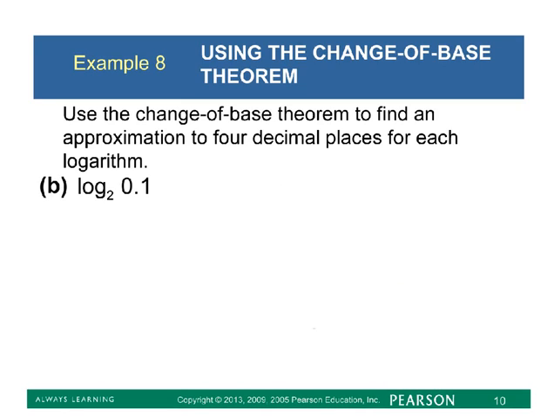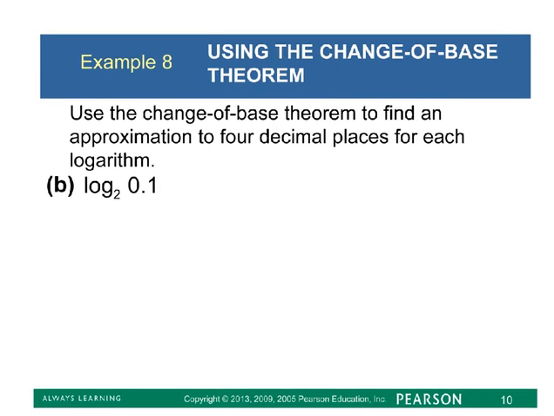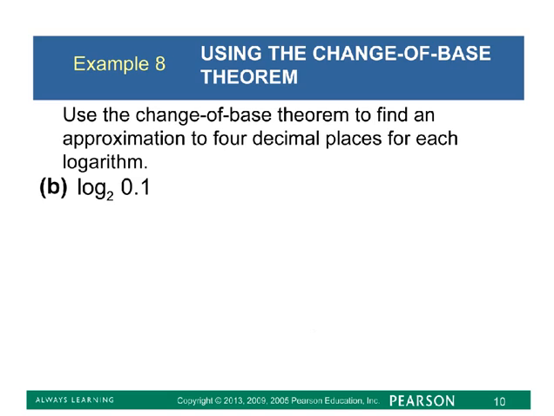In this next example, part B of the same question, we're asked to use the change of base theorem or formula to approximate this to 4 decimal places. Again, use that change of base formula. This time I'm just going to use ln instead of log, because we have the use of ln or log base 10 on our calculator. We can say ln of 0.1 over ln of 2.